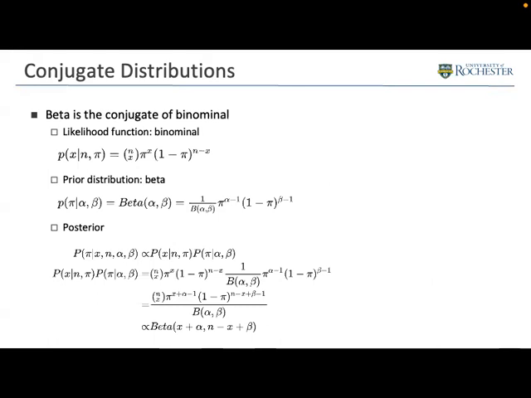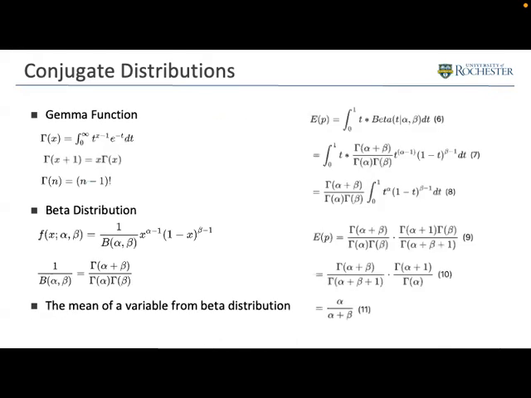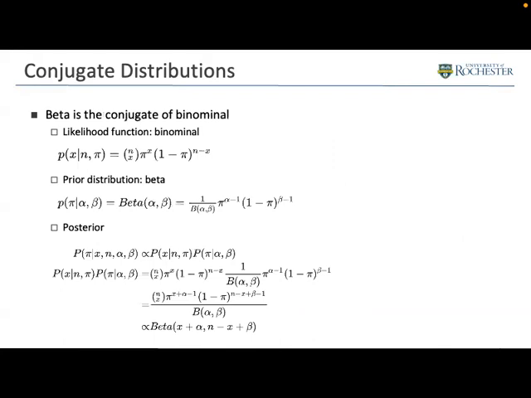So in this case, this is the beta, and the likelihood function is the binomial distribution, and we want to find the posterior. The posterior can be represented by this.